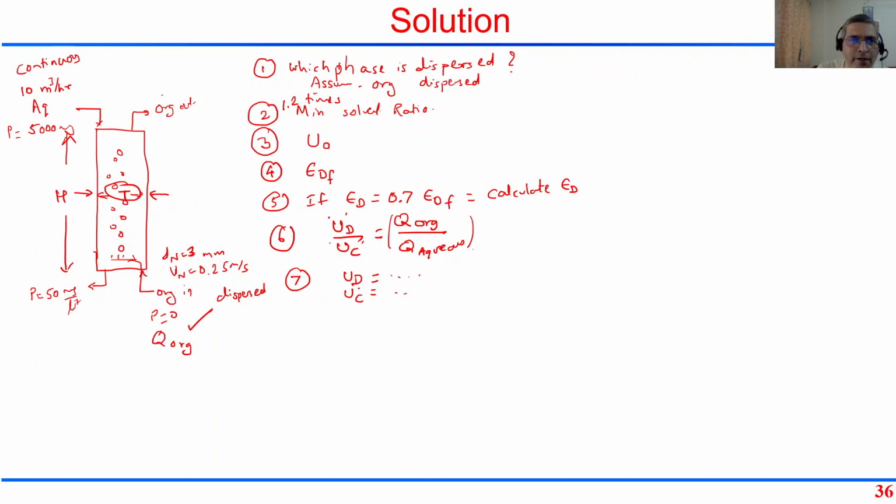So once you get the ud and uc and you know the flow rate, required ud you know, required uc you know, then you can find the diameter of the column. Are you with me?